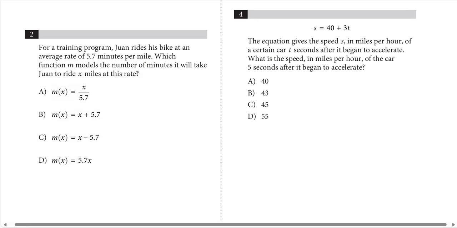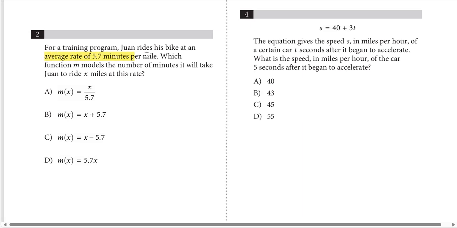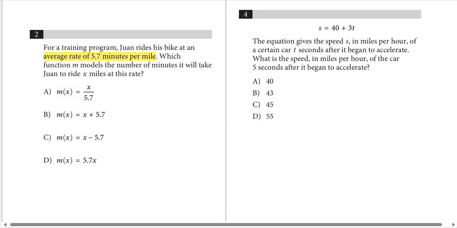For a training program, Johan rides his bike at an average rate of this. So let's say this is average rate. Which function models the number of minutes it will take Johan to ride X miles at this rate?